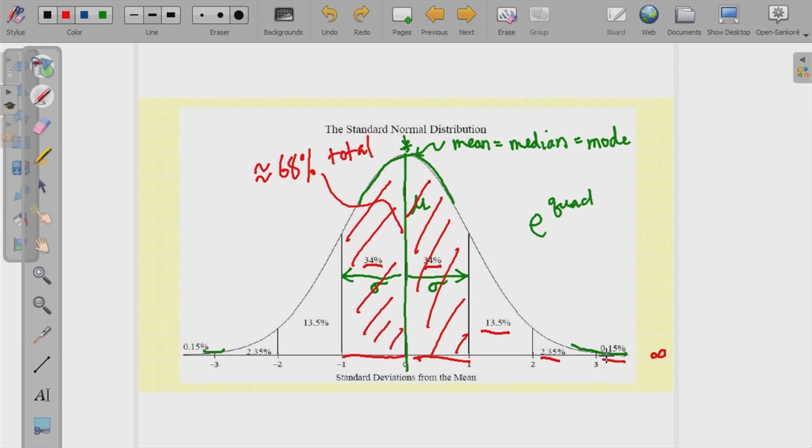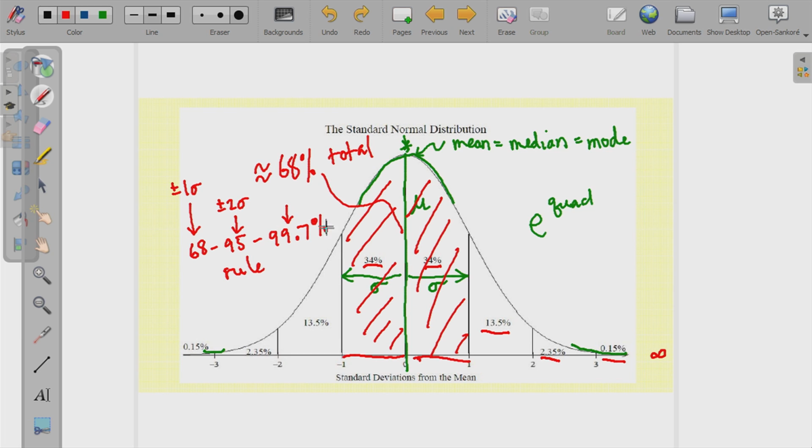We also now talk about the 68. A lot of times you'll hear what's called the 68, 95, 99.7 rule. The 68 basically says that 68% of the population falls within 1 standard deviation on either side of the mean. 95% falls within 2 standard deviations of the mean, and 99.7% fall within 3 standard deviations of the mean.